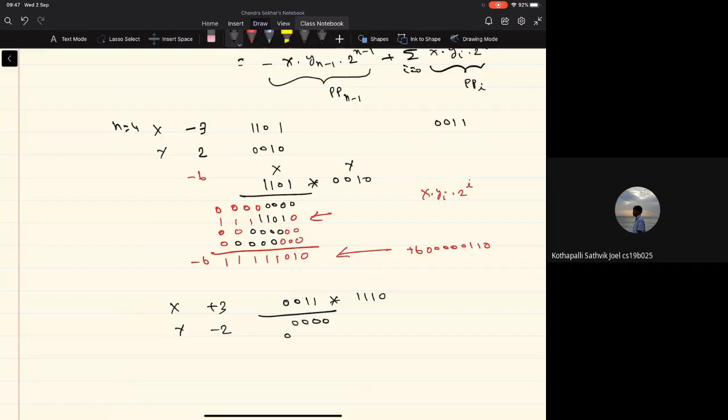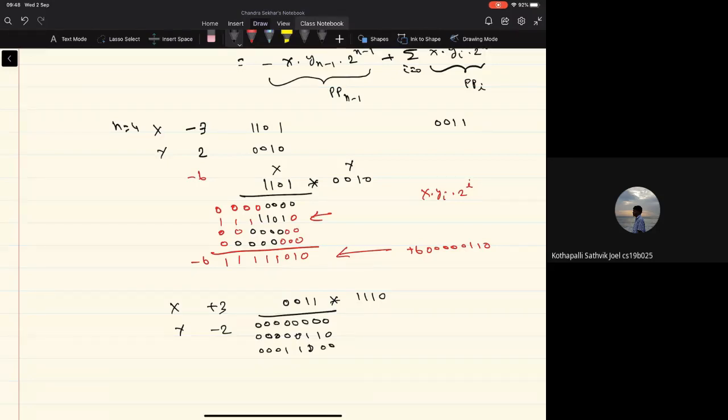The next partial product here is going to be 0, 0, 1, 1. And because this product is positive, we need to just extend by having zeros here. So that is the sign extension that we do. The next partial product is also positive, so to make it all 8 bits, we'll put zeros here.